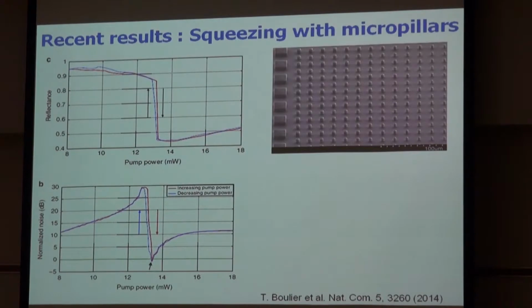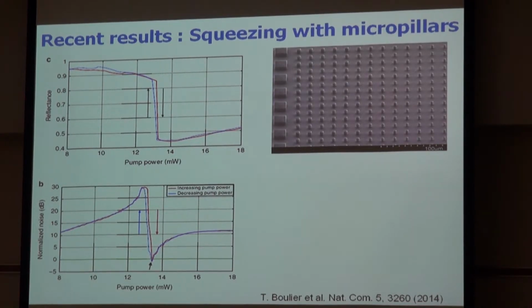But then later we did the experiment again with a better system, which is not a single microcavity, but micropillars. The micropillars are etched in this kind of cavity. They are very small, a few microns in diameter, and this prevents the phonons from traveling everywhere and heating and bringing additional noise to our system.